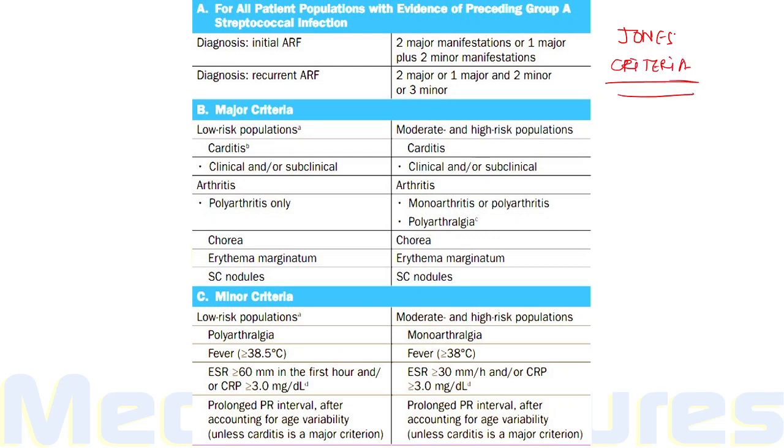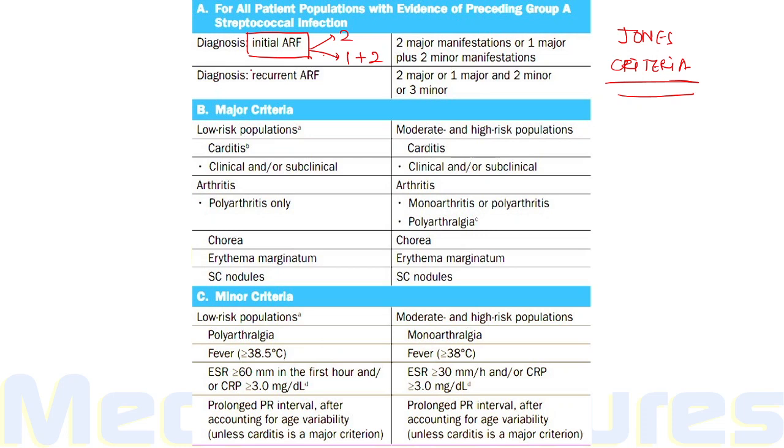Jones criteria. Now, for all patient populations with evidence of preceding group A streptococcal infection, for diagnosis of the initial episode of ARF, there should be either two of the major manifestations positive or one major along with two minor manifestations positive.